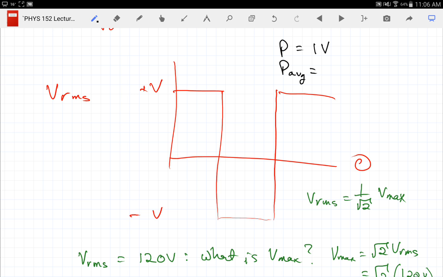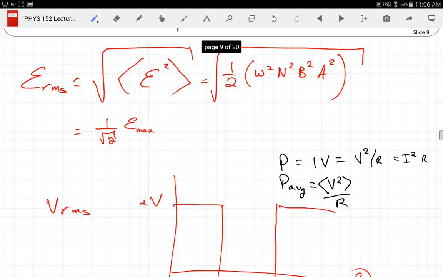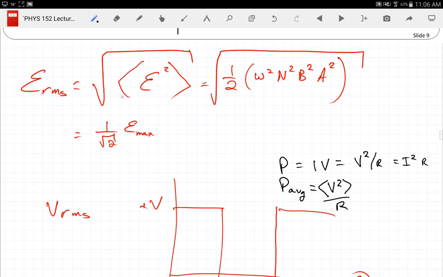And to find the power average, well, we know that power, if it's a resistor, can be written as V squared over R or I squared R. And so let's take the V squared over R one. If I'm going to find the average power, I'm going to take the average of V squared divided by R. But if we go back to our definition up above, the VRMS is the square root of the average of V squared.